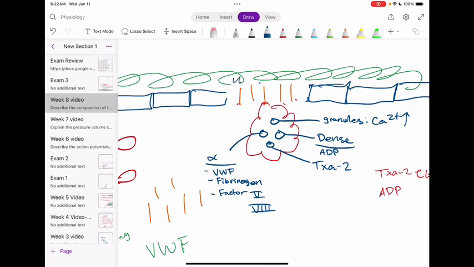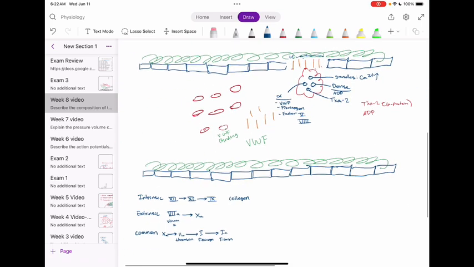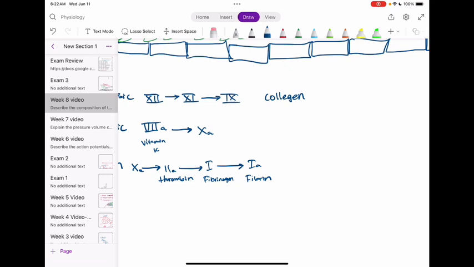There's lots of collagen right here. And then this is activated by vasopressin, which is another name for tissue factor. Also another name for factor 3.